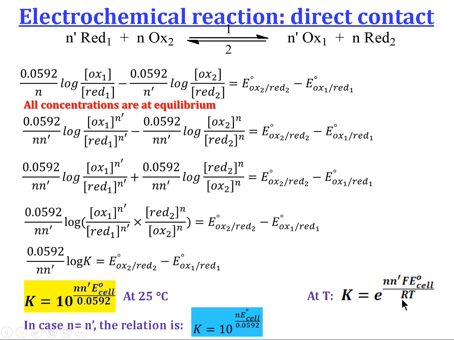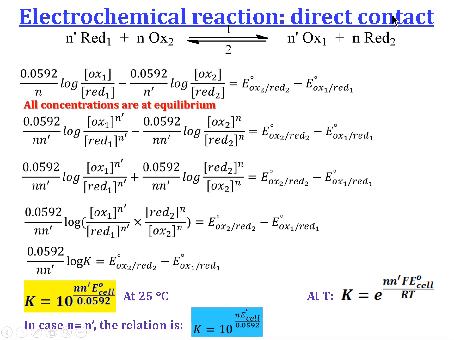So the expression of the equilibrium constant will be K equals e to the power n n prime F (Faraday) E0 of the cell divided by RT. So what is the difference between the equilibrium constant of a reaction in an indirect contact galvanic cell and a reaction in direct contact, which is the titration? In the galvanic cell, the equilibrium constant K equals 10 to the power n, the number of electrons exchanged in the reaction, times E0 of the cell divided by 0.0592.